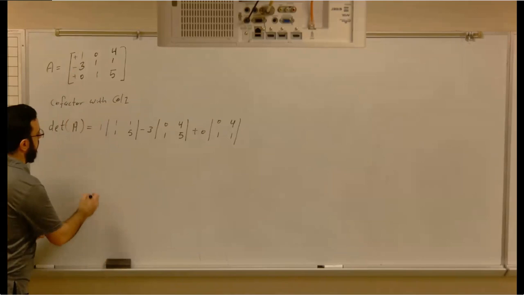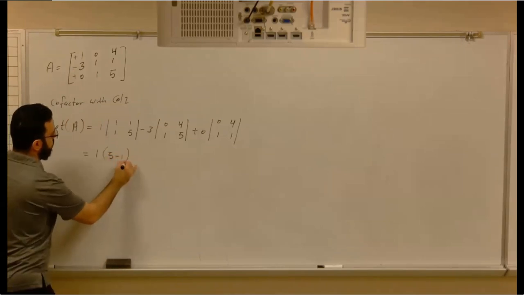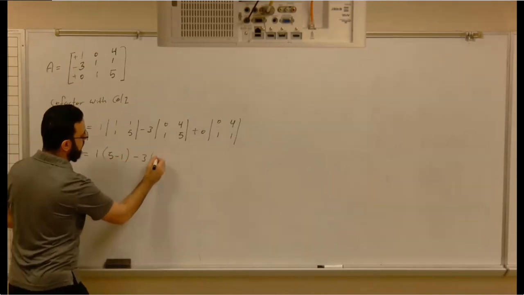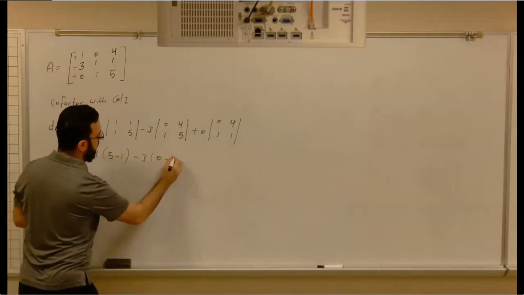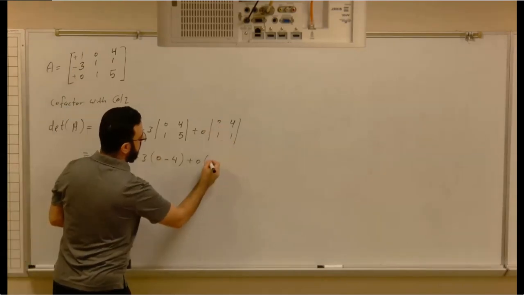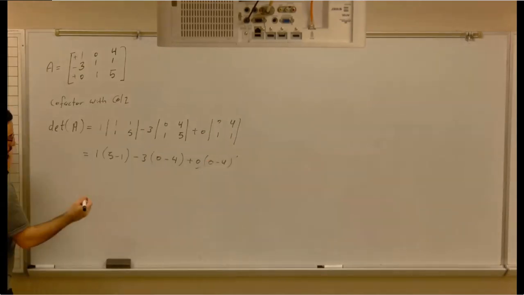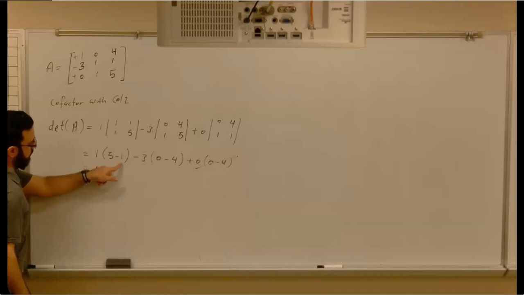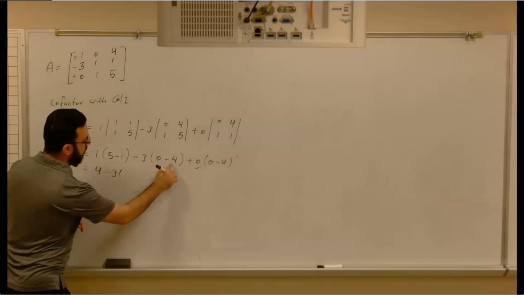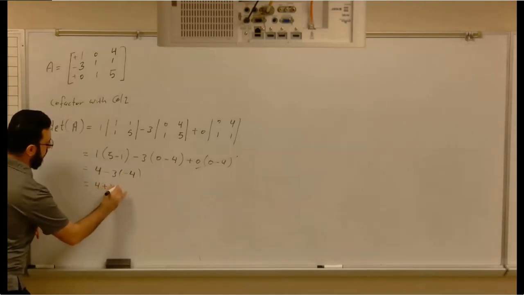Let's check. 1 times 5 is 5 minus 1, which is 4. Minus 3 times, 0 minus 4, which is negative 4. And this is 0. Then it's 4 plus 12, and it's 16.